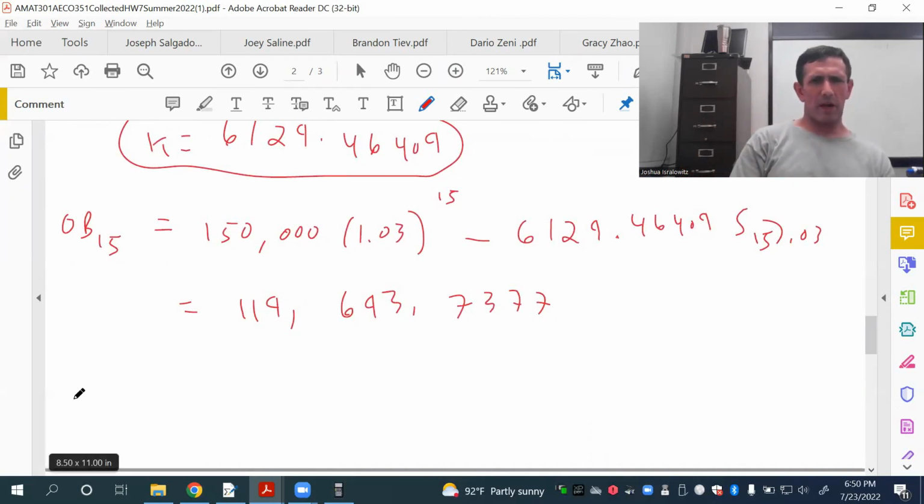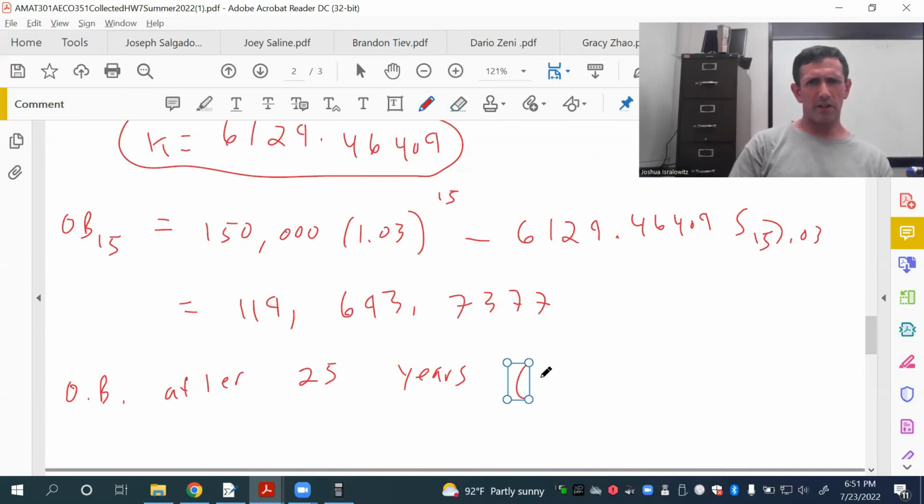So I want the outstanding balance after 25 years. Just to emphasize this, I'm thinking this is really 10 years into the new loan.